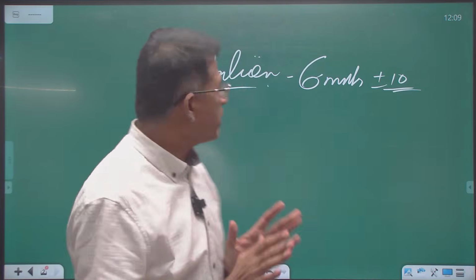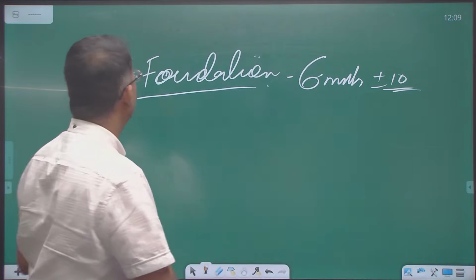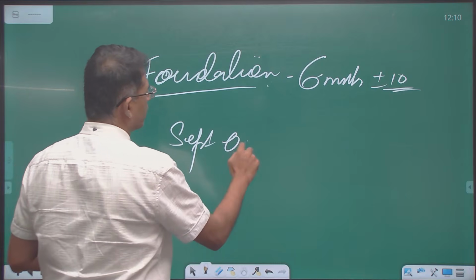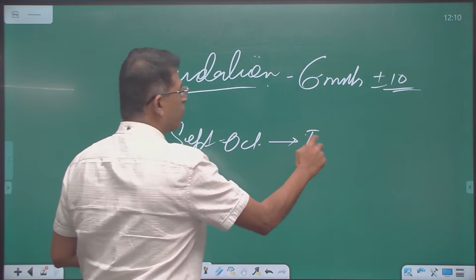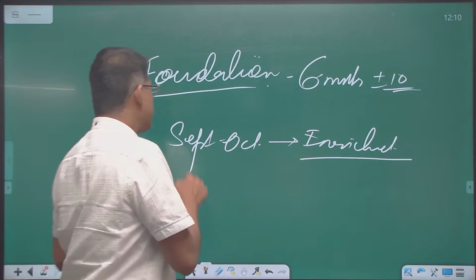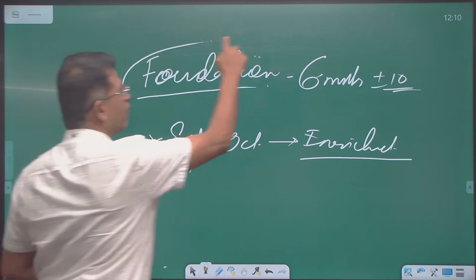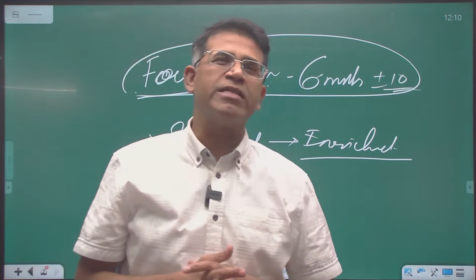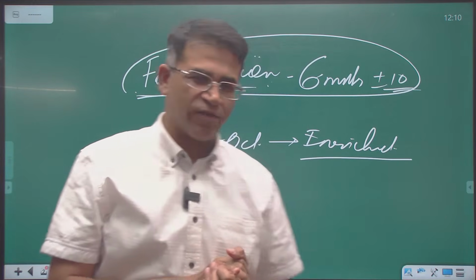So it will take me 6 months, 10 odd days. Then from September, October, we will start with your enrichment. So don't think about that now. We'll focus on this. This is our main agenda for now.